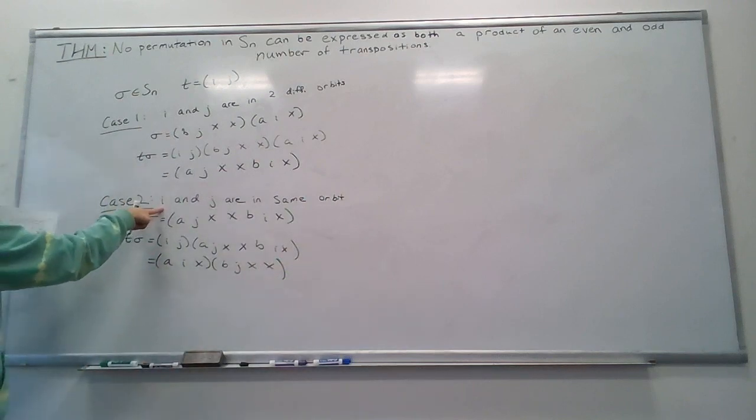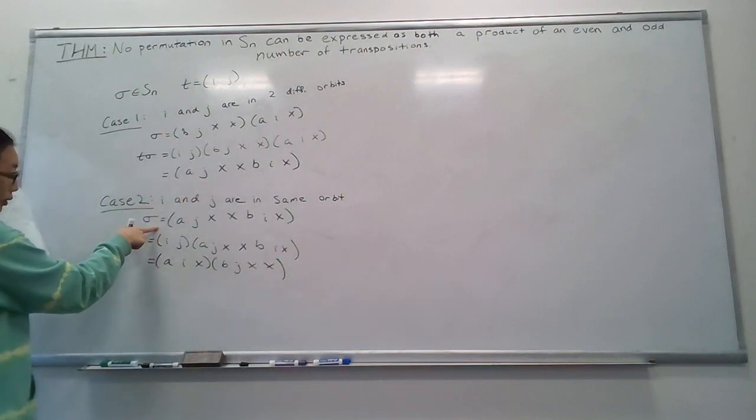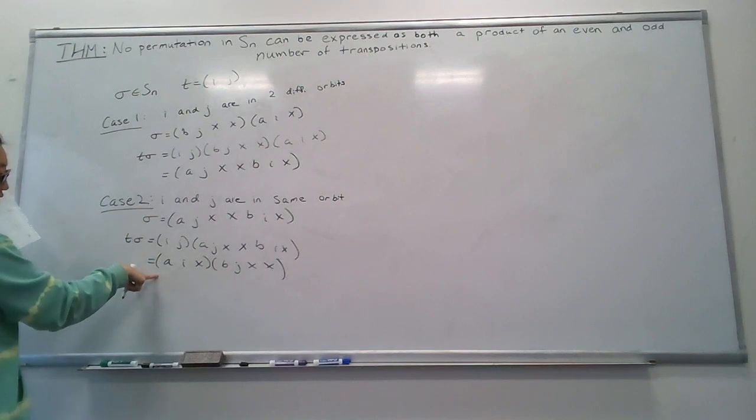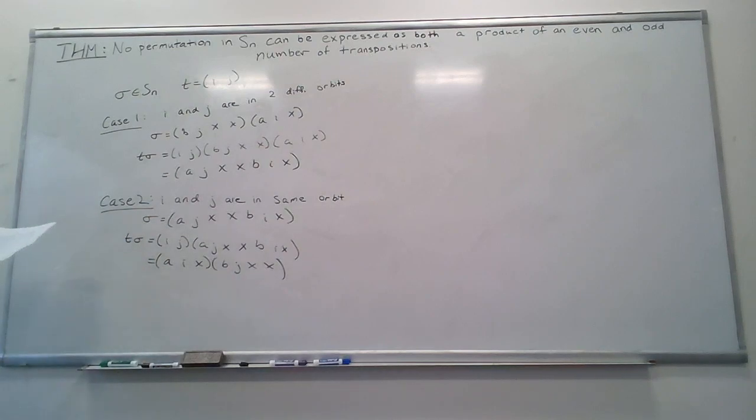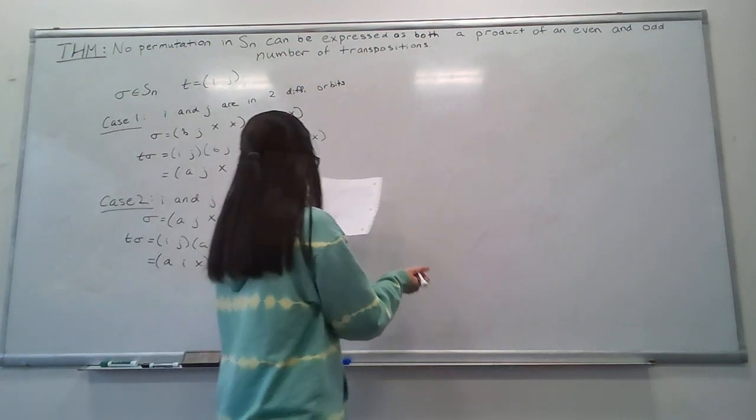So if they are in the same orbit, our permutation will gain an orbit in the product.